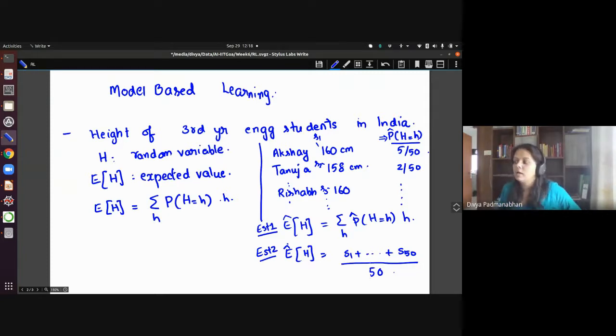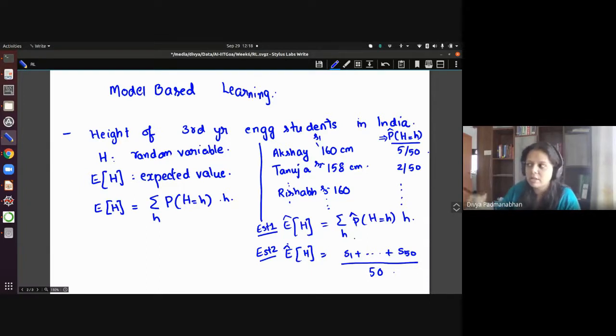So why can I do this, sum of all these divided by 50? There is some theoretical reasoning on why this is a valid estimate. Do you remember this from your probability class? Something you learned in probability about why this is a reasonable estimate.